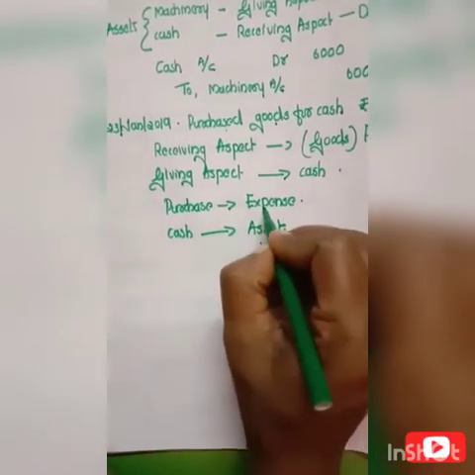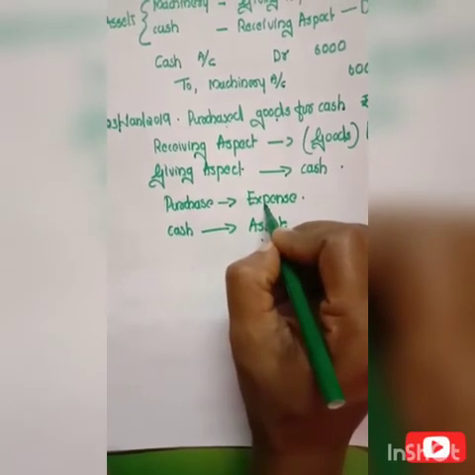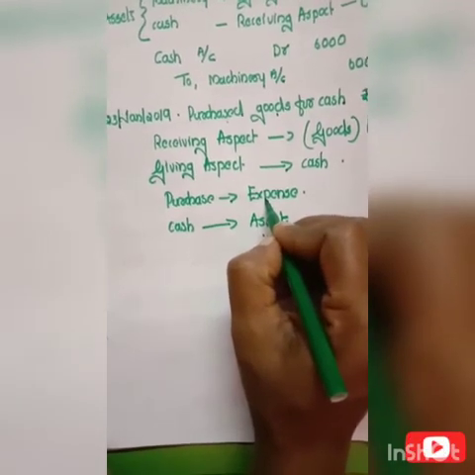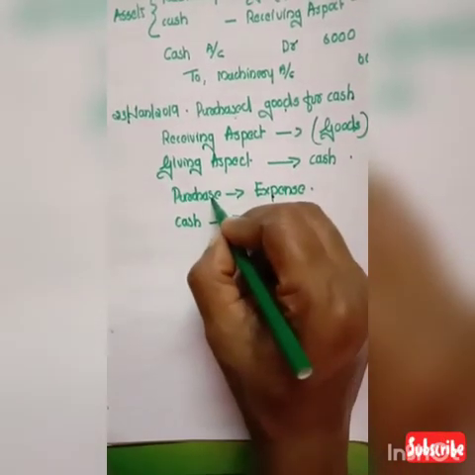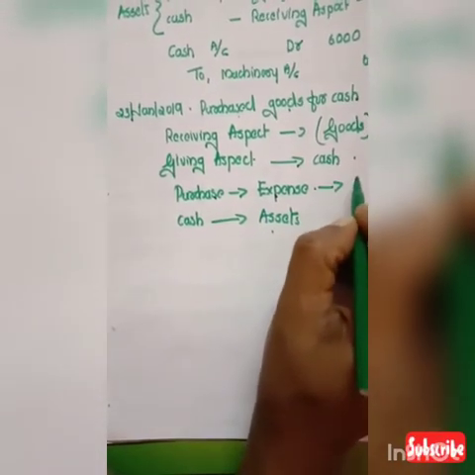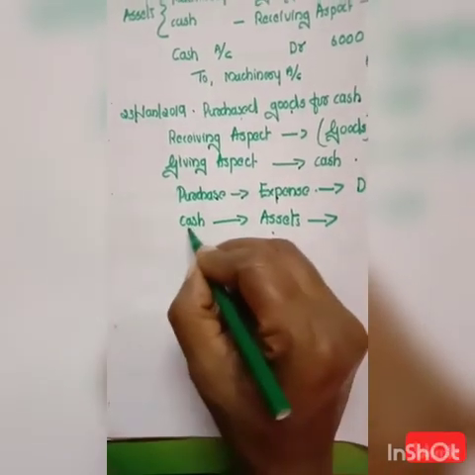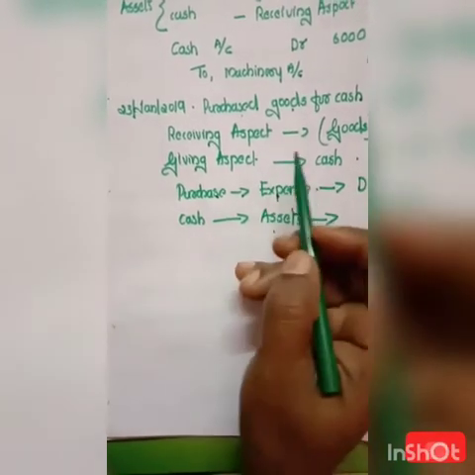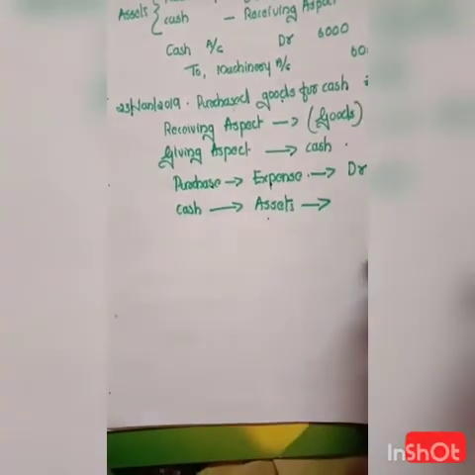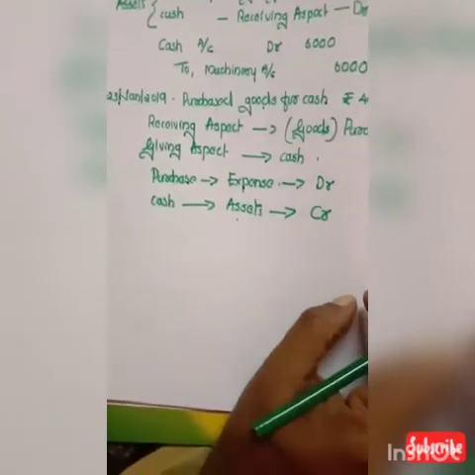In the case of expenses, what is the rule? Debit for increase in expense and credit for decrease in expense. Here the item of purchases is increased, therefore we give debit to purchases. The asset is decreased because we are paying cash to the suppliers for receiving the goods. Therefore, cash position has been reduced, so for cash we give credit.